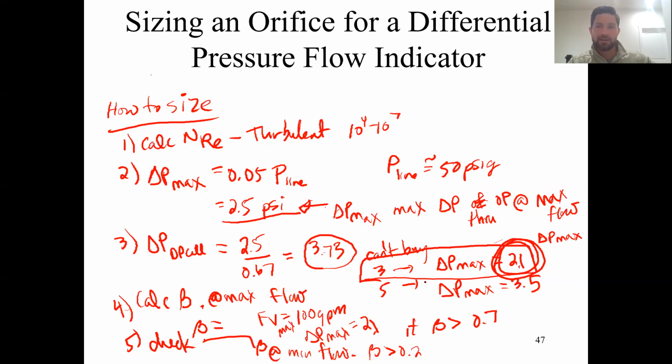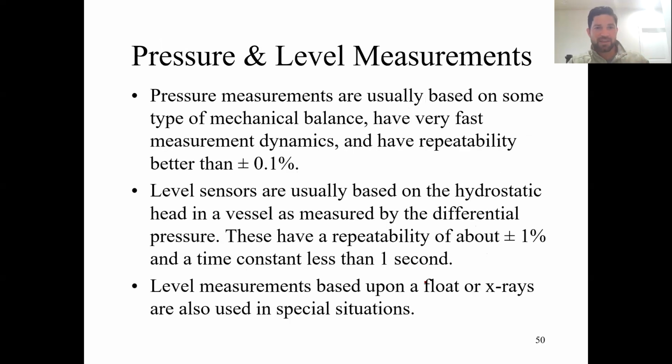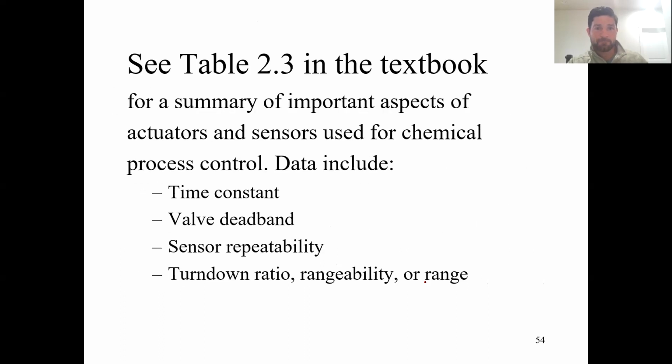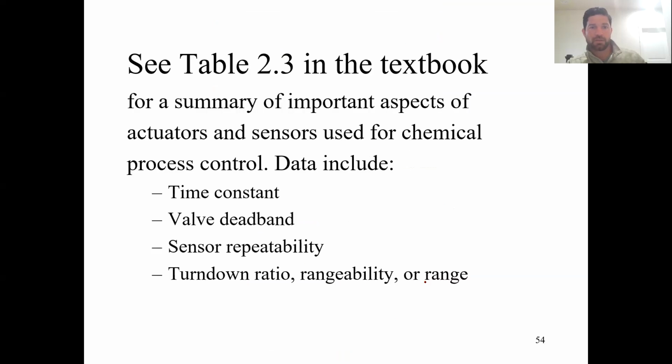Okay, I think I kept you a little bit long just to quickly look over some of the rest of these slides, just to give you information about the rest of the different types of sensors. There's some important information in the textbook. One of the things is maybe you can visit table 2.3. I will put this up on Canvas so that you have this information.